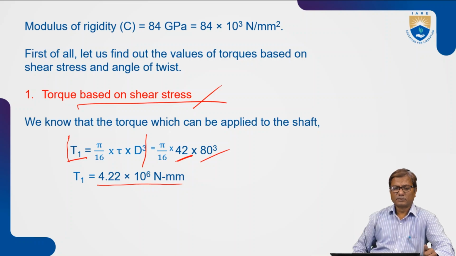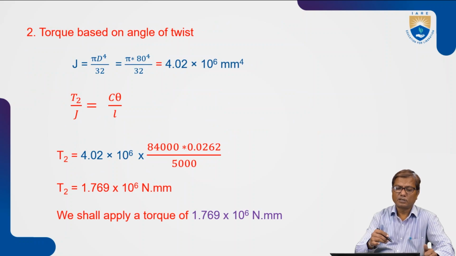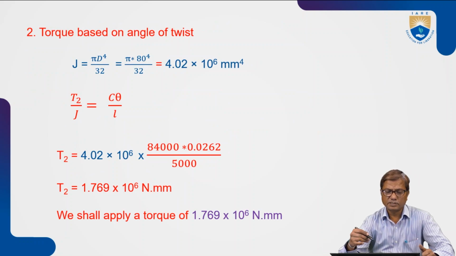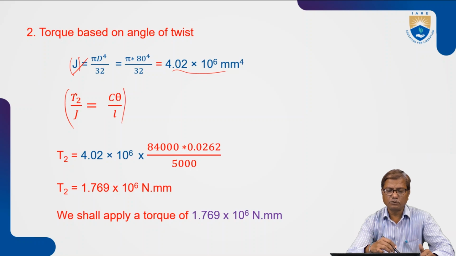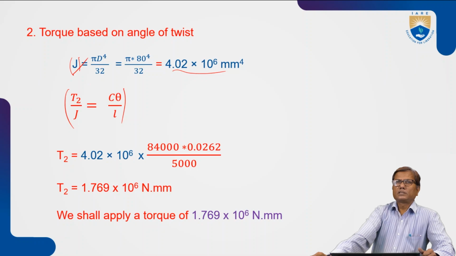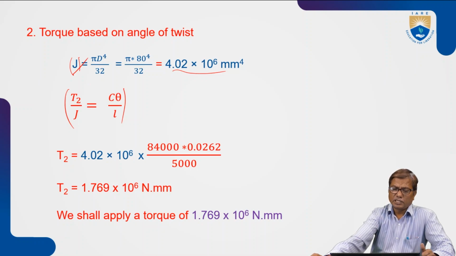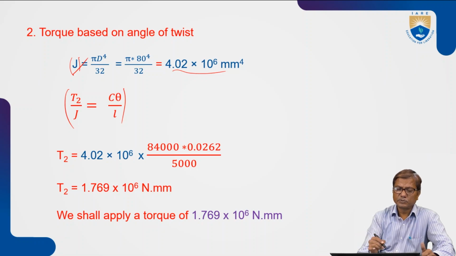Now the torque based on angle of twist. For that, first we will find the polar moment of inertia, pi d power 4 by 32, and substitute in T2 by J. T2 means here the torque based on the condition of maximum angle of twist.